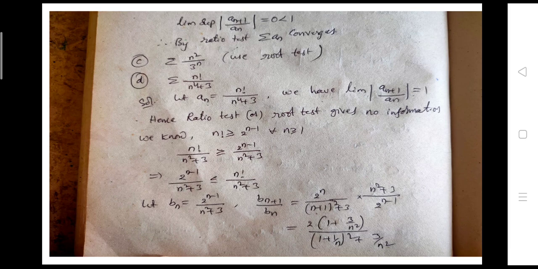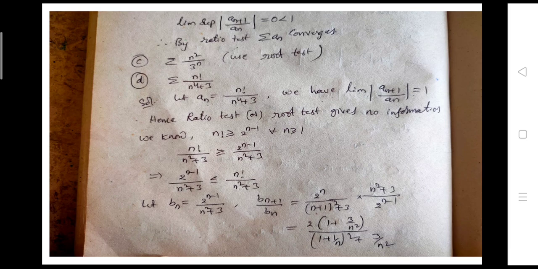Let b_n is equal to 2^(n-1) by n squared plus 3. What about b_(n+1)? So b_(n+1) is equal to 2^n by (n+1) whole squared plus 3. Now simplifying, we need to find b_(n+1) by b_n, that is equal to 2^n by (n+1) whole squared plus 3, into n squared plus 3 by 2^(n-1).